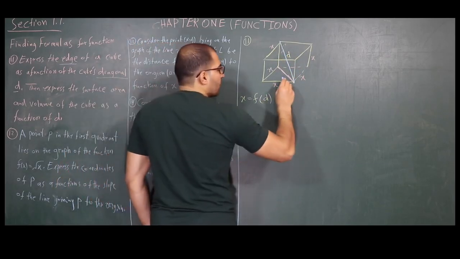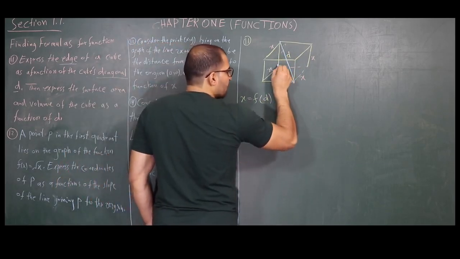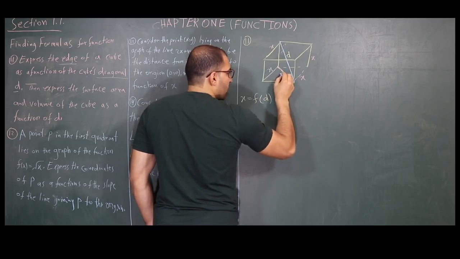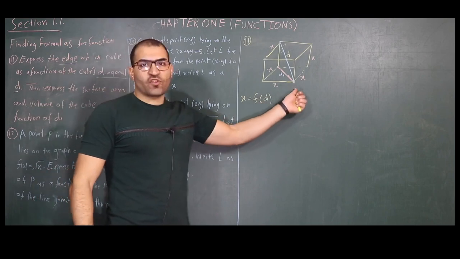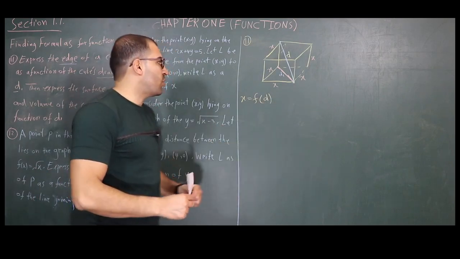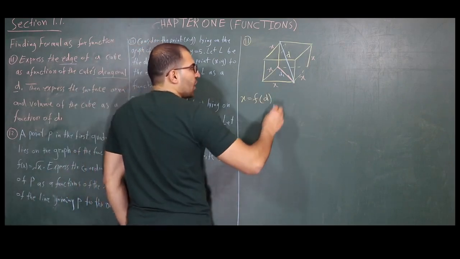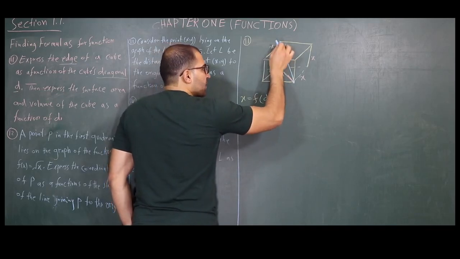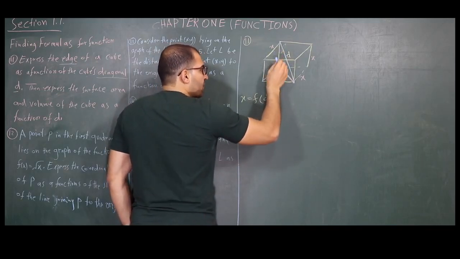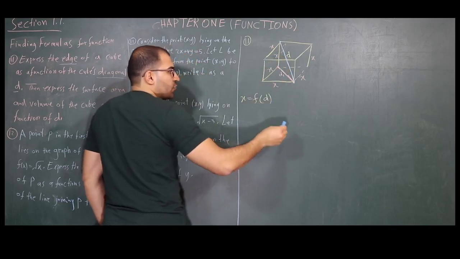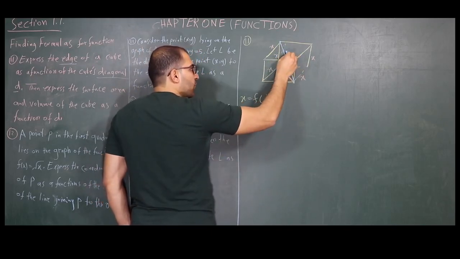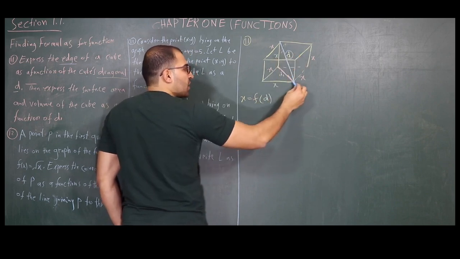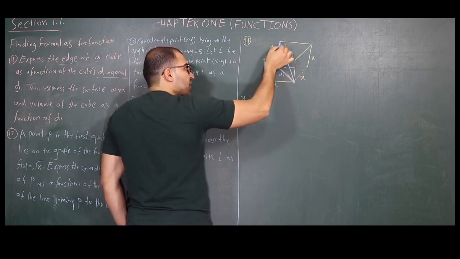Let me for now denote this line by d1, which is the diagonal of the square of the base. Now I know that the vertical edge is x. So I need to find the relation between the diagonal that I'm looking for, this diagonal, and this vertical line.